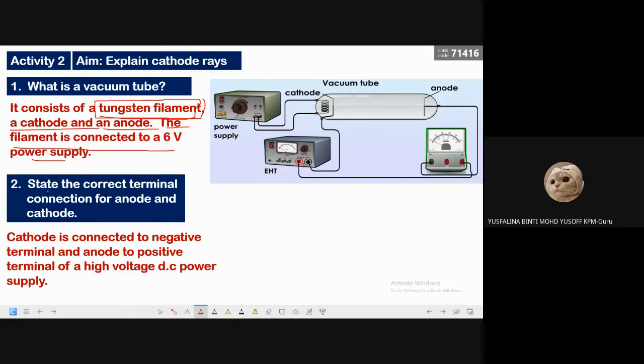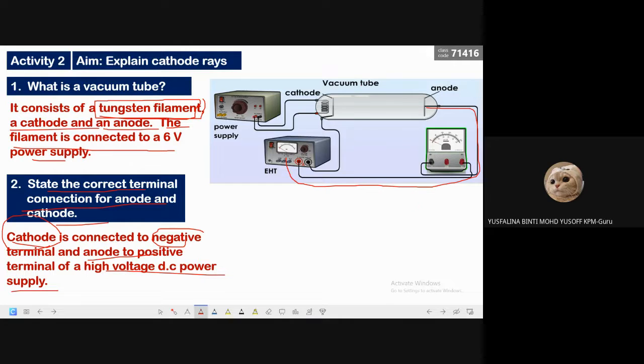Okay, so state the correct terminal connection for the anode and also the cathode. The cathode, of course, because this one is negative, should be connected to the negative terminal. And then for the anode, this is the anode, you can see it's connected to the positive terminal of the high voltage DC power supply.